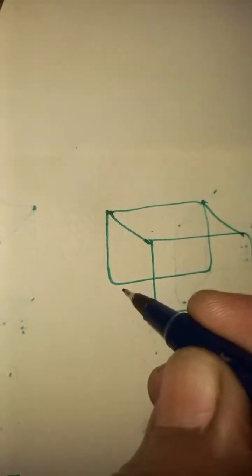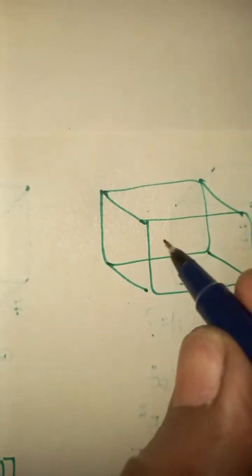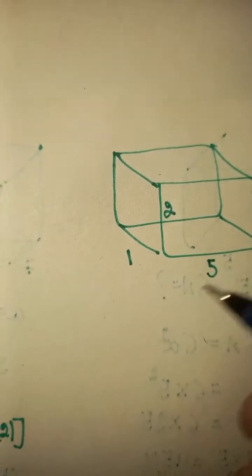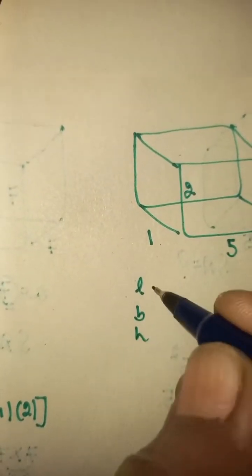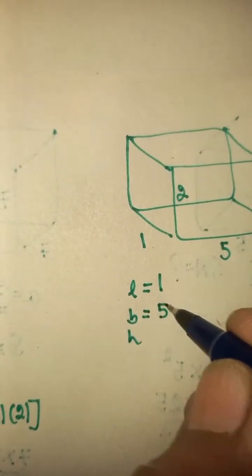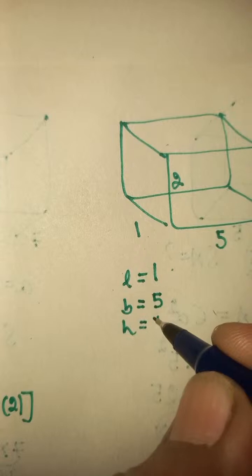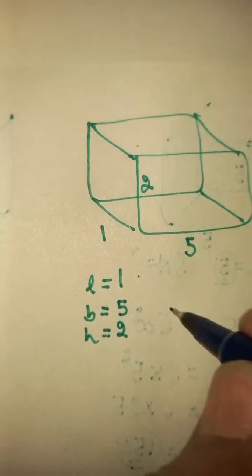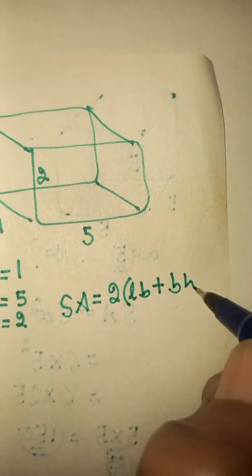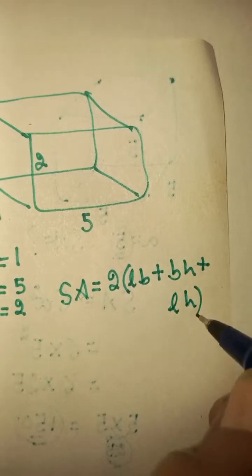Let's take another cuboid and find out the same thing. In this cuboid, they are told that the length, breadth, and height are 1 unit, 2 units, and 5 units. Now let's write length, breadth, height. Length is 1 unit, breadth is 5 units, and height is 2 units. Now you need to find the surface area, which is 2 times (length times breadth, breadth times height, and length times height).